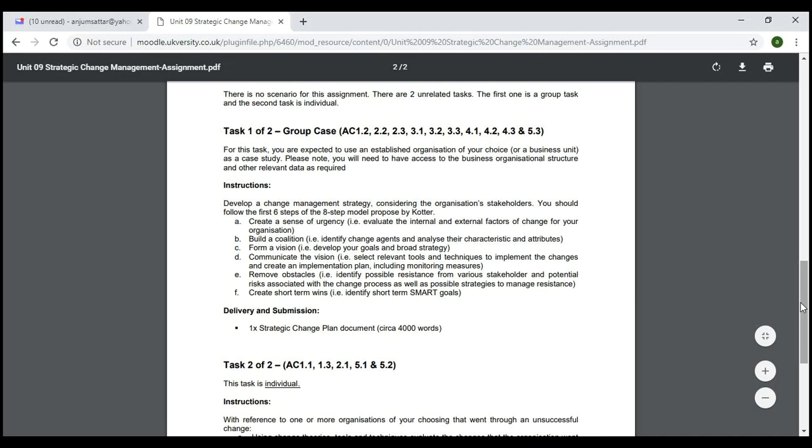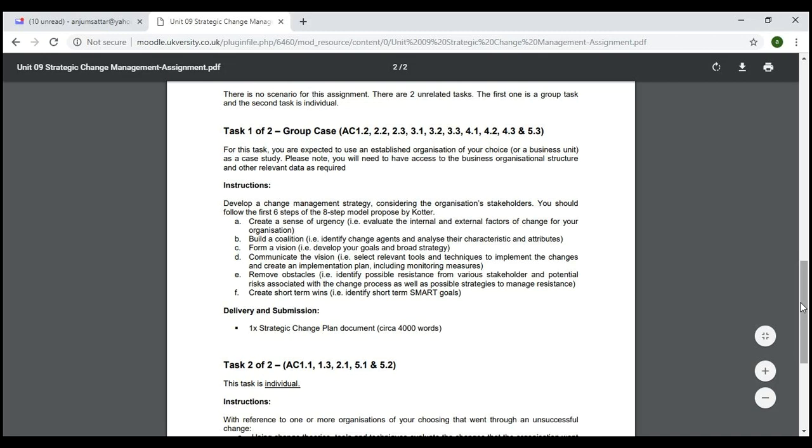Group case. For this task, you're expected to use an established organization of your choice, which can be Unilever, Procter and Gamble, and various others. Please note you will need to have access to the business's organization structure or other relevant data.